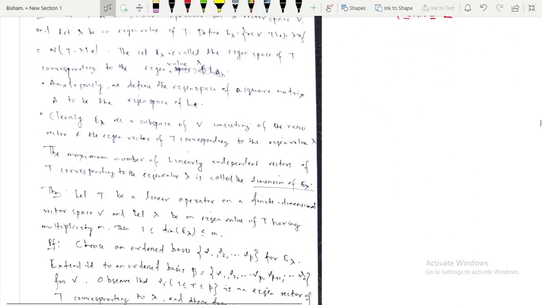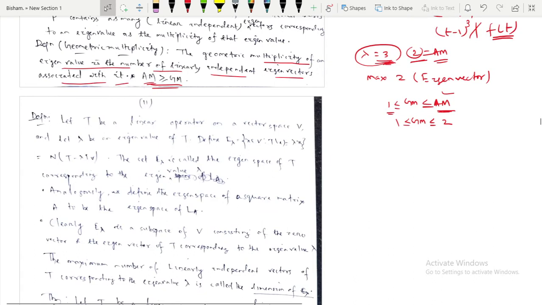Similarly, what is the definition of eigenspace? Last class we already defined what an eigenspace is, and here is another definition.